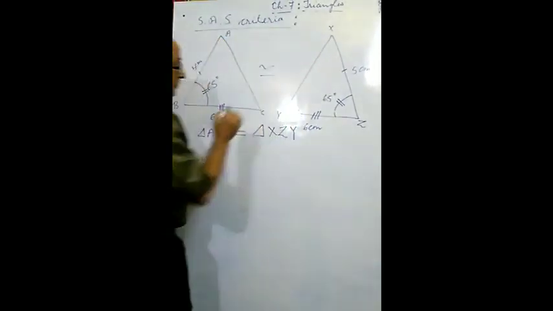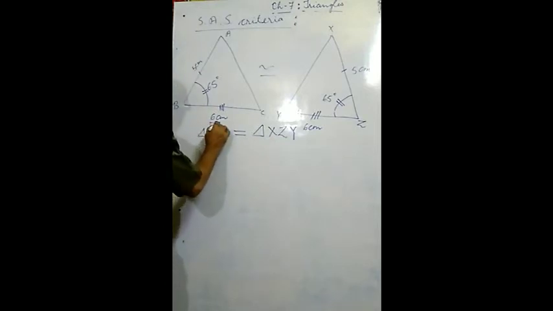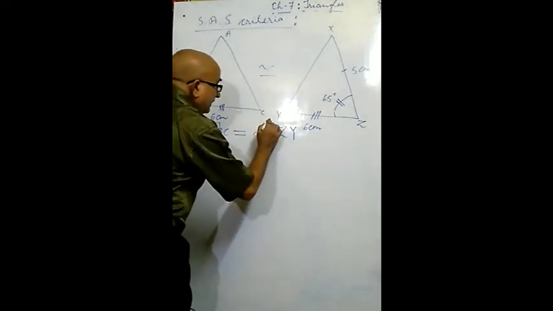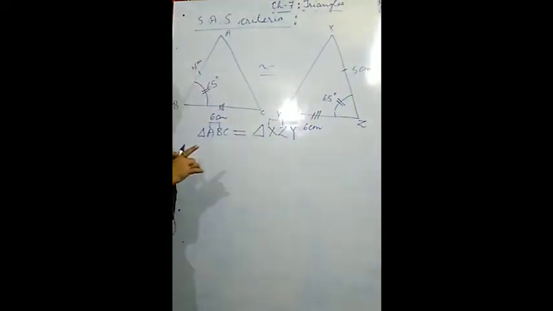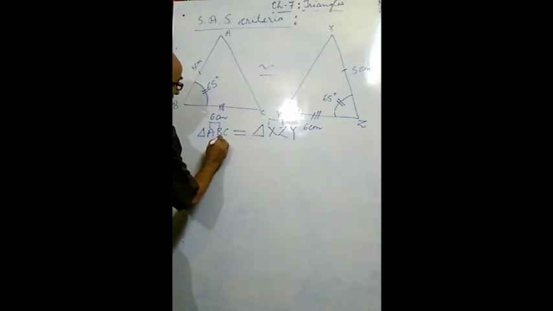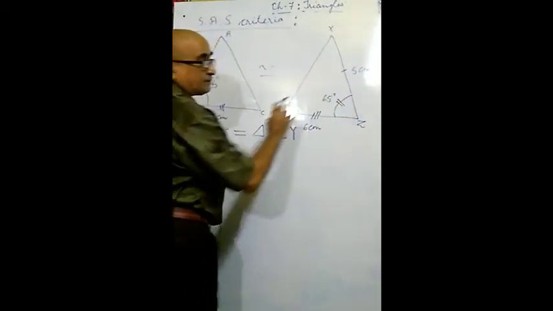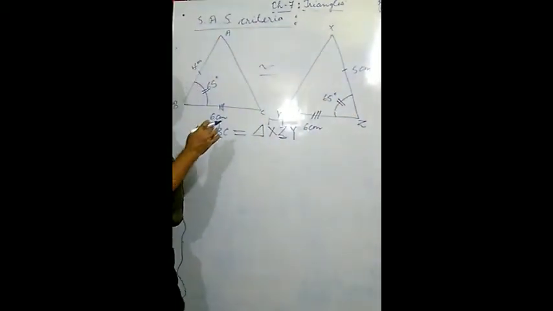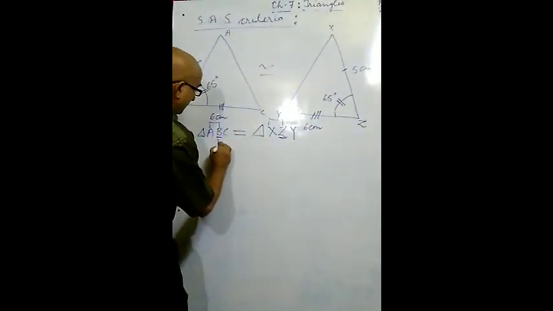XZY. Now observe here. Without observing the figure, you can compare here. First, second is equal to first, second. You may mark here: AB is equal to XZ. Again, angle B is equal to angle Z. You may mark here: angle B equal to angle Z. Again, BC is matching to which part?